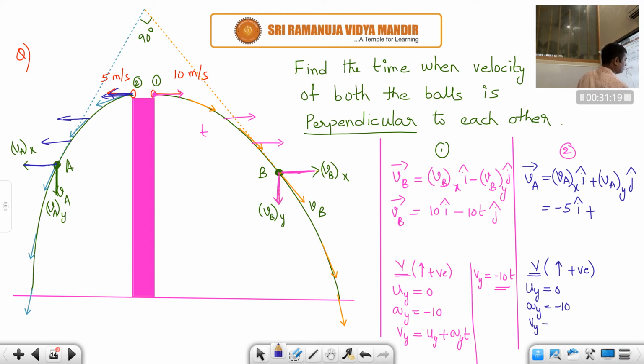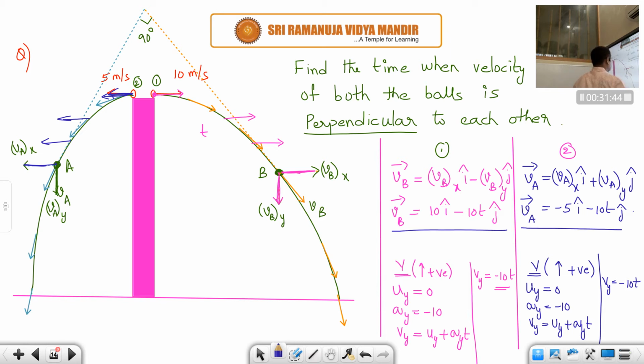So vy is equal to uy plus ay times t, which implies vy is equal to minus 10t. So that is equal to minus 10t j cap. Okay, students, so this is the velocity of vector A.